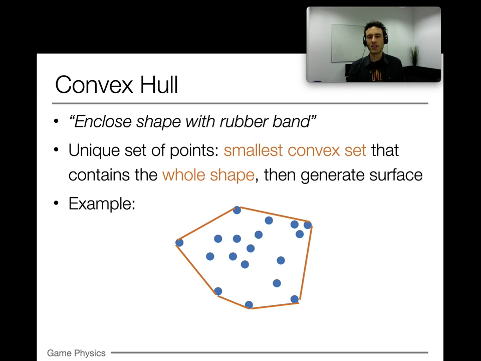We could also use this convex hull as a bounding volume primitive. There are some algorithms that do that. However, I don't want to go into detail here. As you can see a bit from this picture already, these convex hulls can be very complicated shapes.